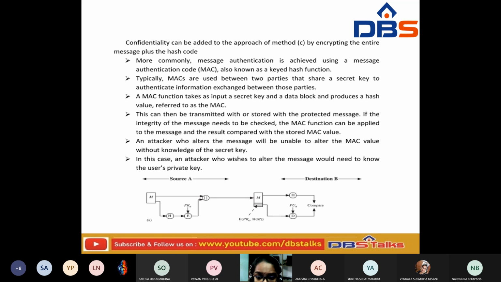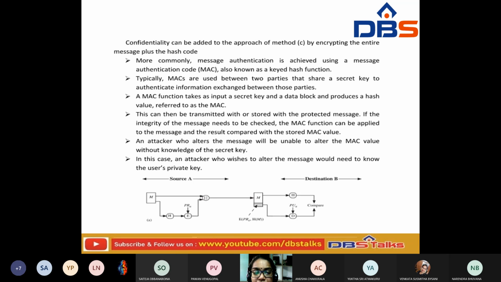See, it is confidentiality. Why are you going for confidentiality? Confidentiality can be added to the approach of the method by encrypting the entire message plus hash code. More commonly, message authentication is achieved using a message authentication code.